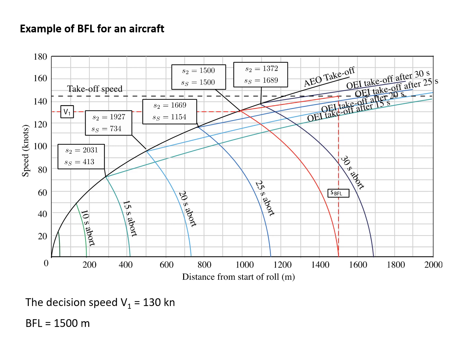In that case, the distance to brake is from 500 to 720, for example. So it's 220 meters, and there is sufficient distance, so we need to abort the takeoff procedure. The important thing is we need to know how to interpret this speed versus distance from start of roll graph, and how to associate it with a balanced field length.